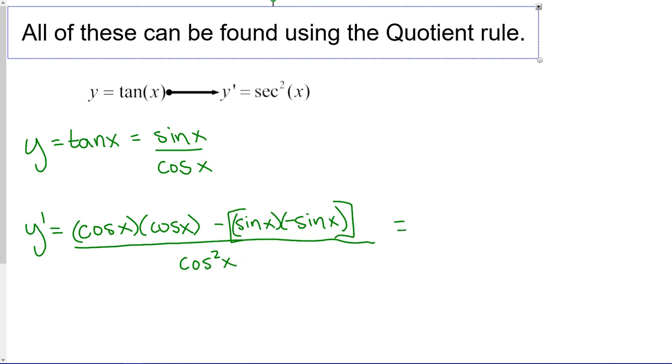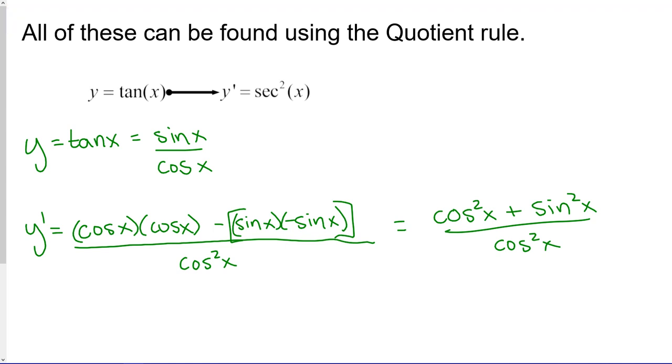Now if we simplify this, it's going to be cosine squared x plus sine squared x over cosine squared x. The numerator right here is one of our special trig identities. This leaves us with 1 over cosine squared x, which is lovely because this gives us secant squared x.